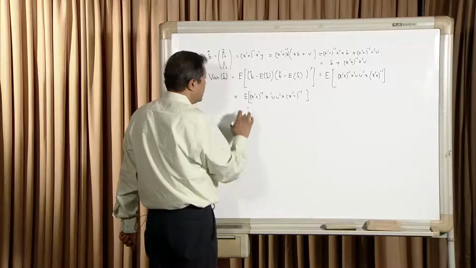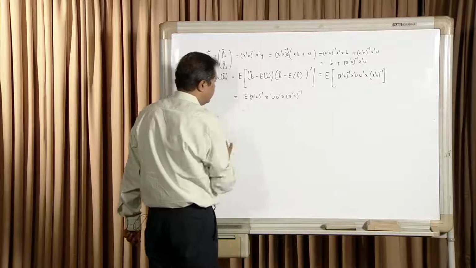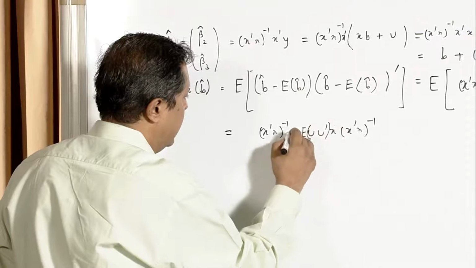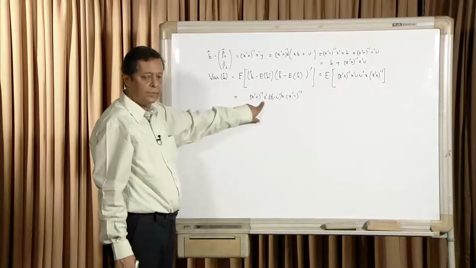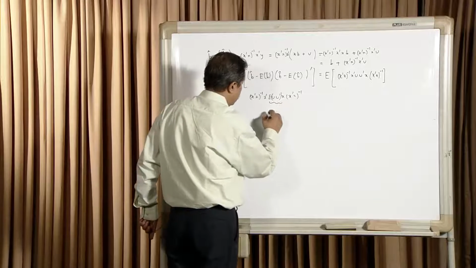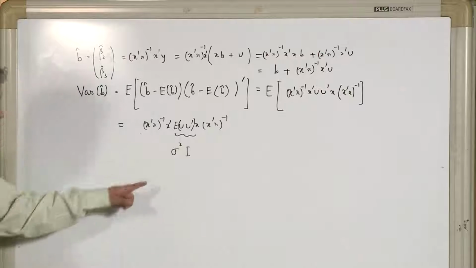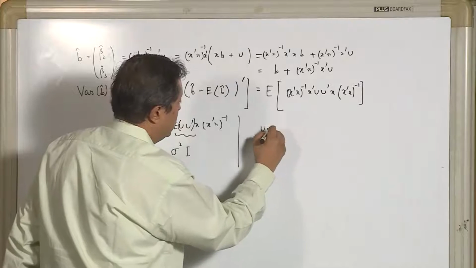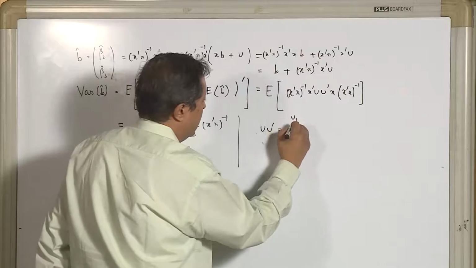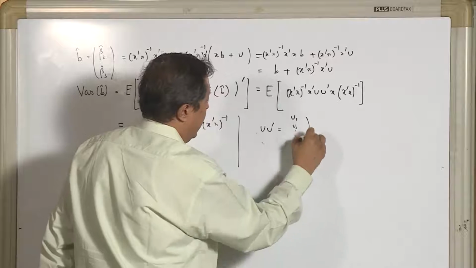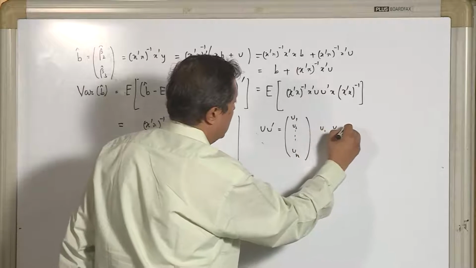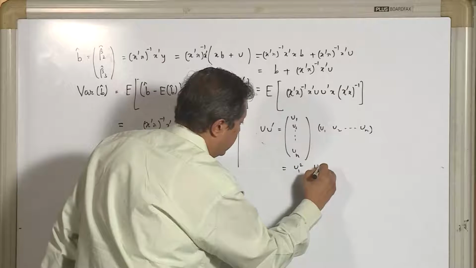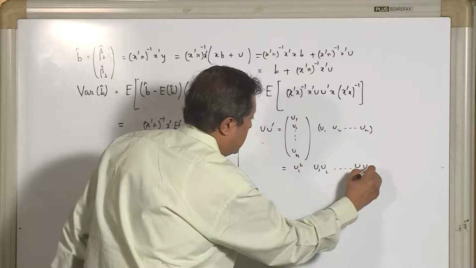So, for all practical purposes, we take the expectation operator and apply it just in front of the stochastic variables, keeping x prime as it is, and that we know is sigma square I. The reason is, u u prime is u1, u2 through un times the transpose u1, u2 through un, which is basically equal to u1 square, u1 u2, through u1 un.